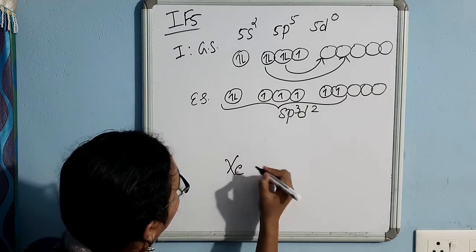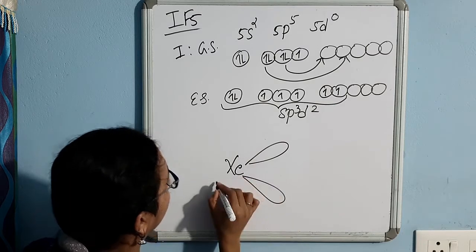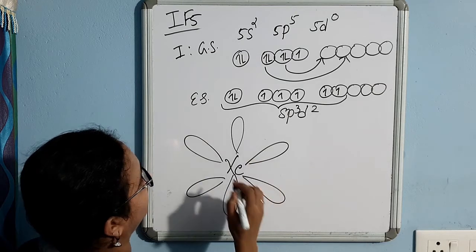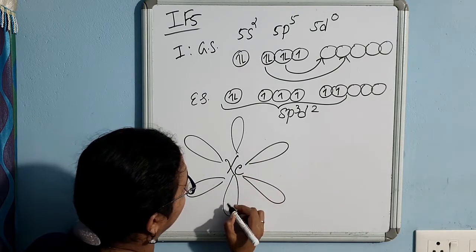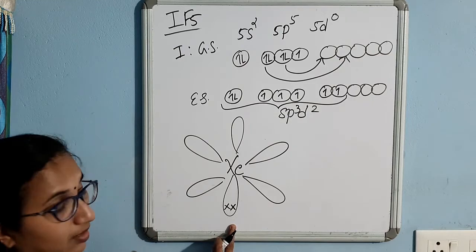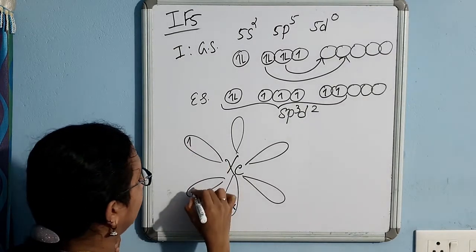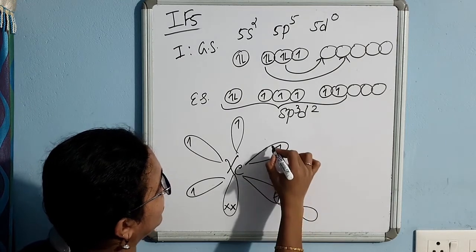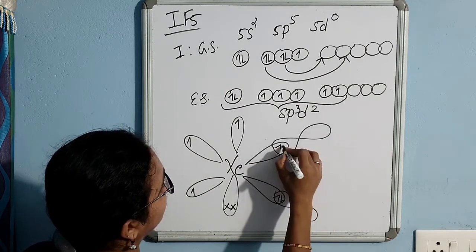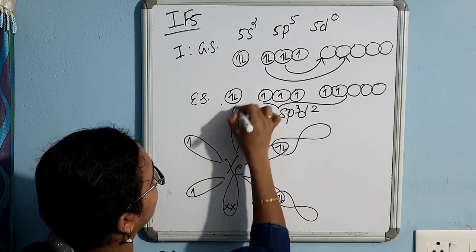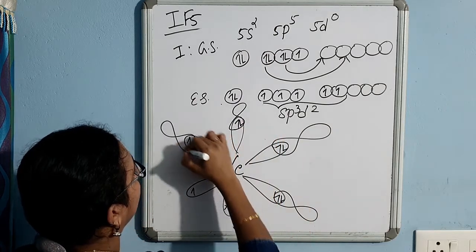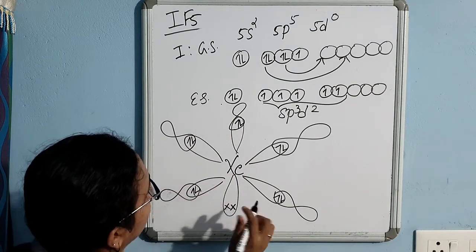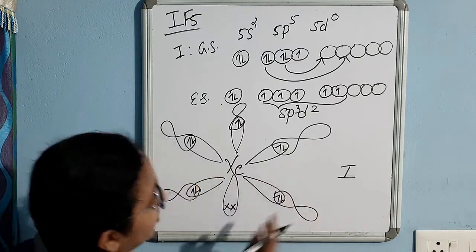So the geometry of the molecule will be, let's see, here one of the orbitals contains a lone pair, all others contain half-filled orbitals, and each fluorine atom with 2pz configuration will now overlap with the half-filled hybrid orbitals of the iodine to form the IF5 molecule with a square pyramidal geometry.